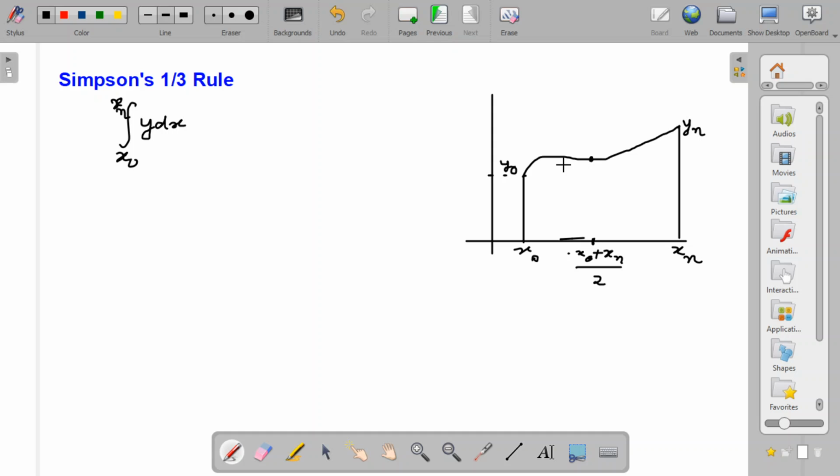Okay. So now the approximation in Simpson's 1/3 rule is you approximate this function as a second order polynomial which passes through the point x0, that is y0, passes through this point and this point yn.